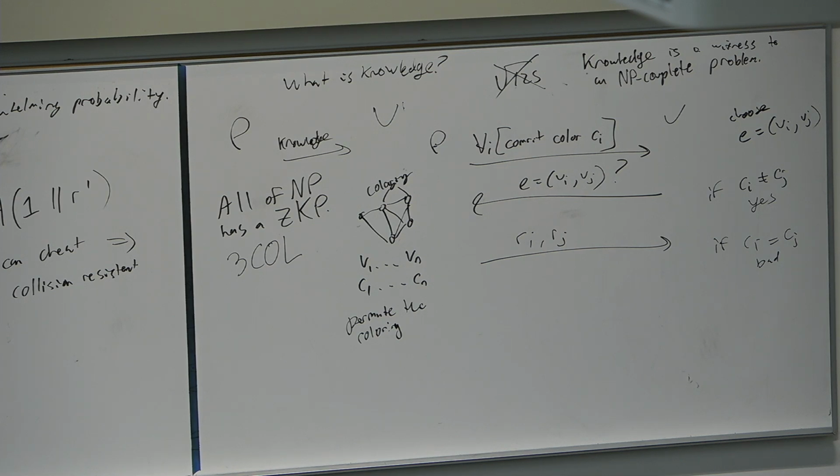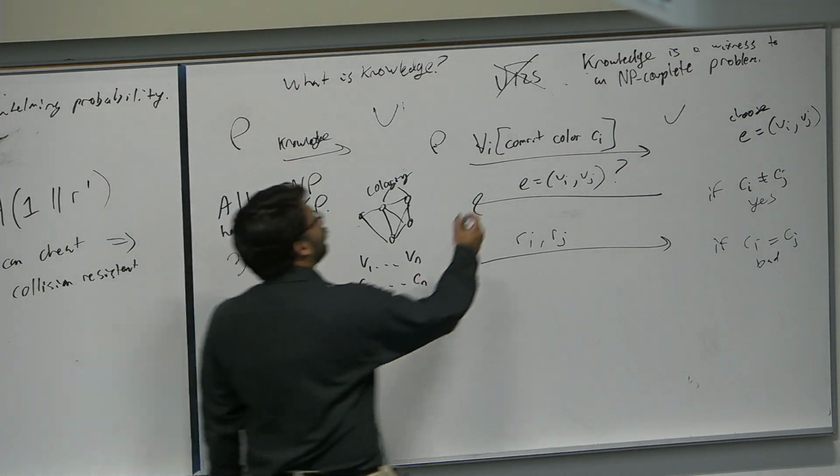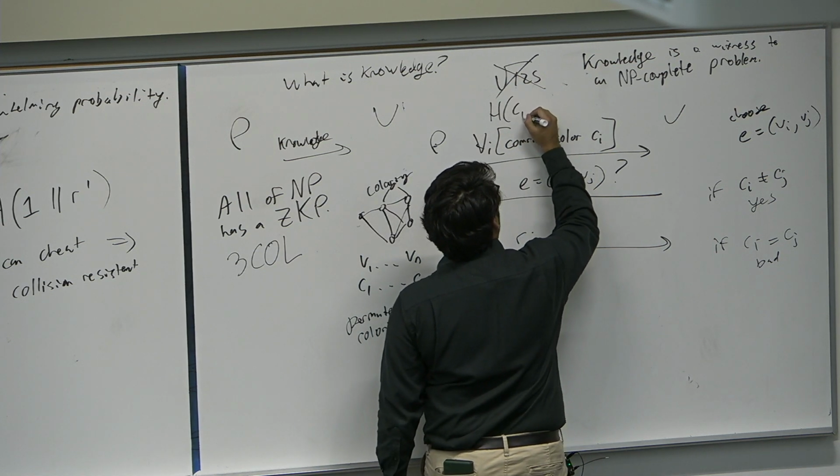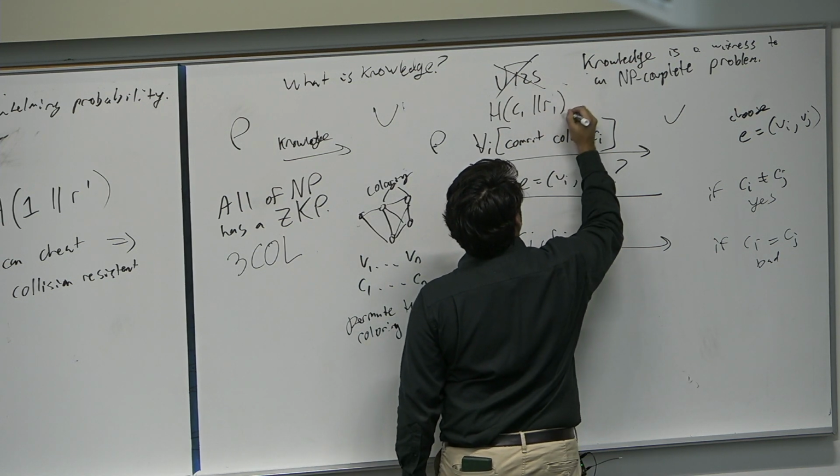Okay. That's a complicated result. Yeah. So at the beginning, you're sending over a hash of all of the different pairs, right? Correct. You send over things like H of, let's call it C1, R1, like that.